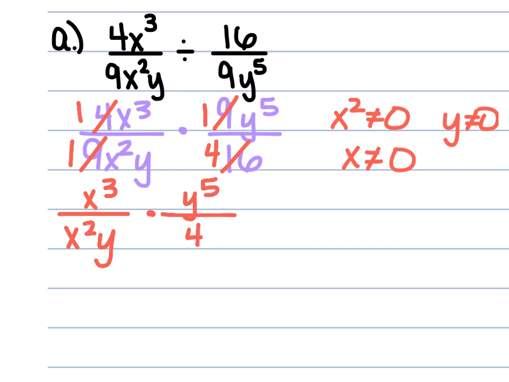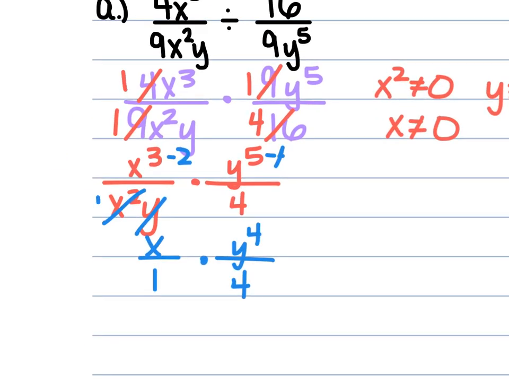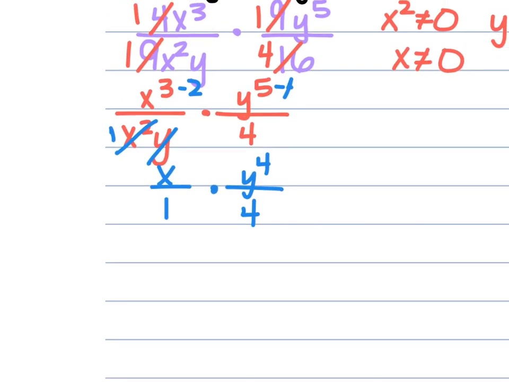If you wanted to multiply straight across from here, you could, or you could have simplified the y and the y to the fifth to become y to the fourth over 4, and then that x cubed over x squared would just become x over 1. So from here, when we multiply straight across, we're going to have x y to the fourth over 4, and x cannot equal 0.